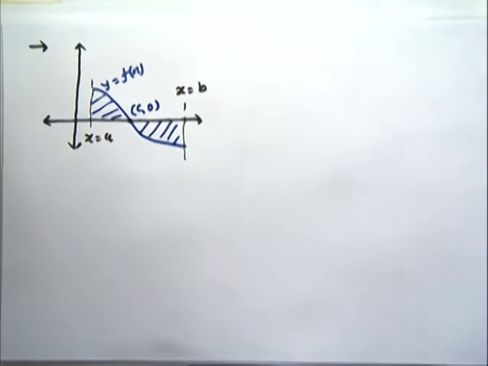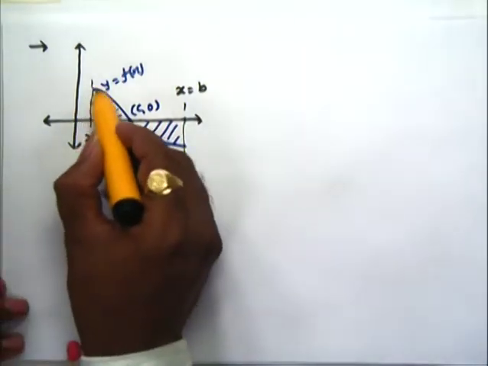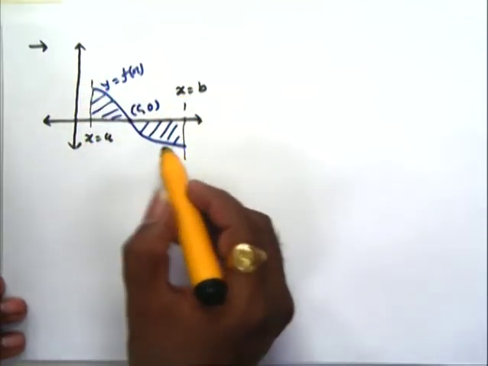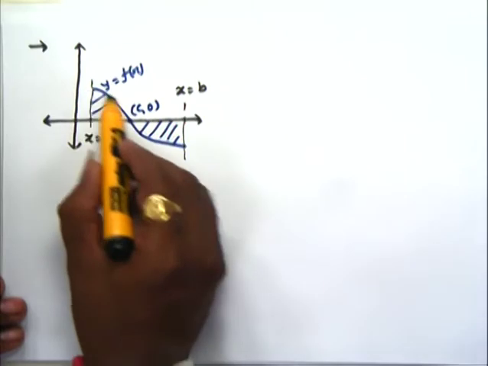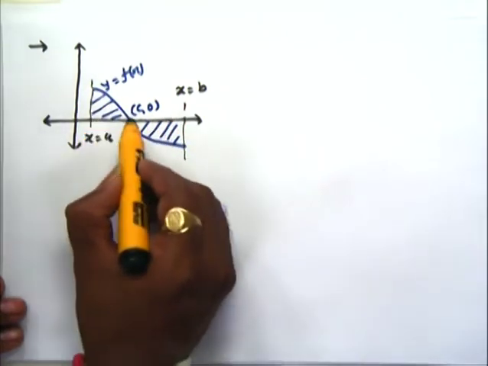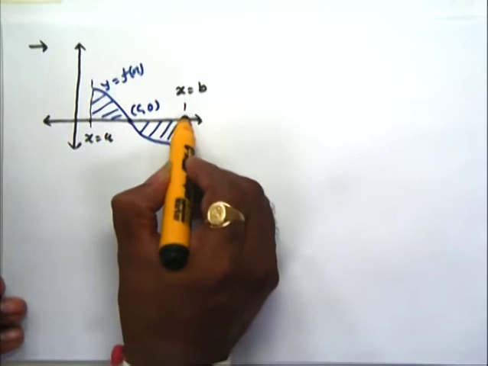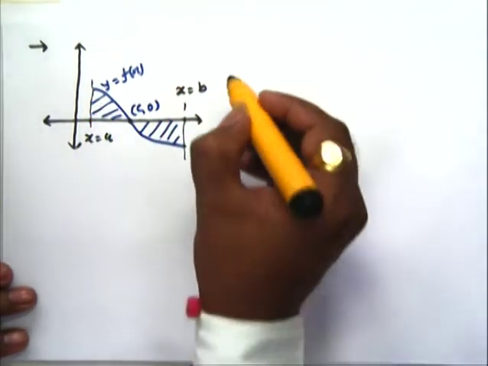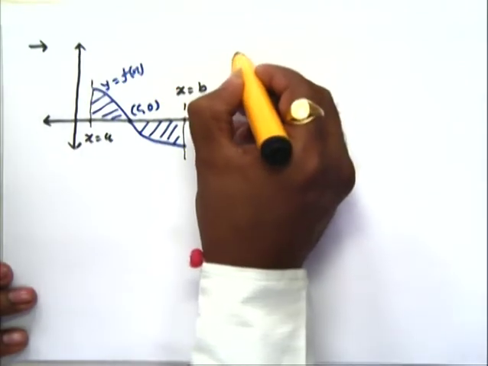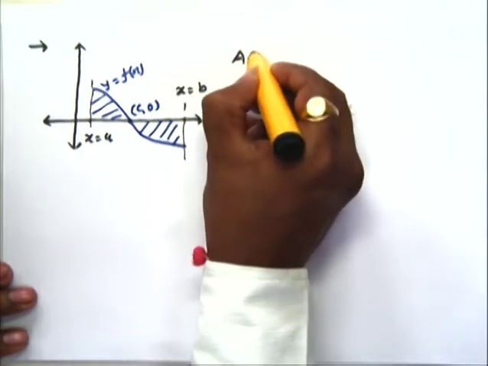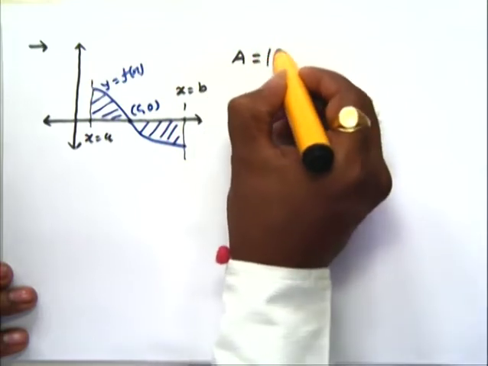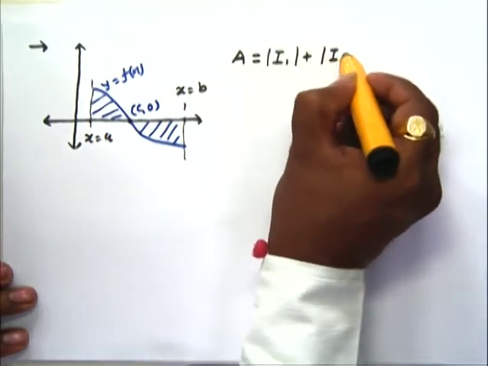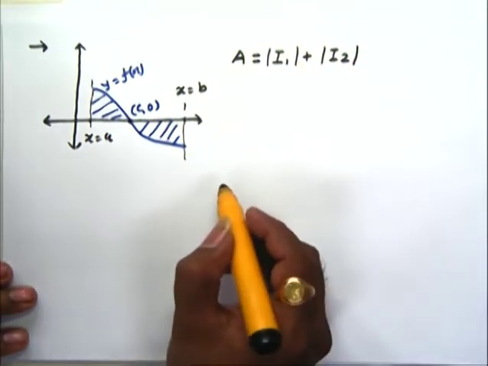So again the area bounded by the curve y equal to f(x), x-axis, x equal to a and x equal to b, but here the situation is different. The curve intersect x-axis at C0 between x equal to a and x equal to b. So we cannot find directly the area, but the formula is like this. Area bounded by the curve is A equal to modulus of I1 plus modulus of I2. Now what is I1 and I2?